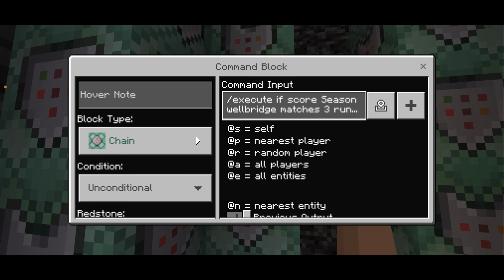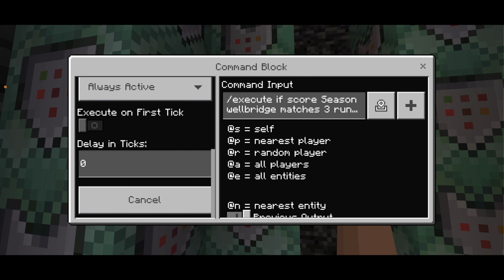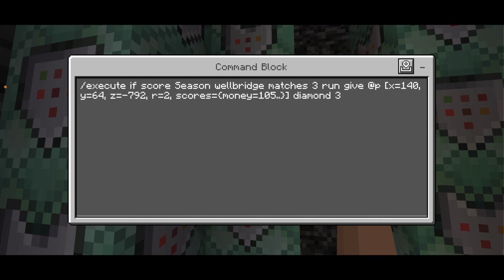So now we should be looking at season 3, chain, unconditional, always active. We are going to execute if the score season Wellbridge matches 3 now.